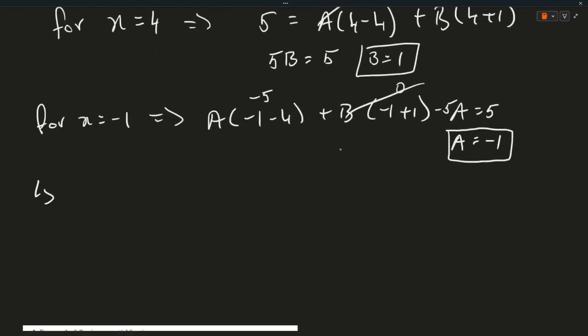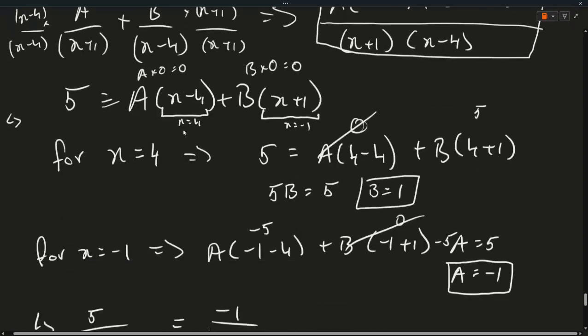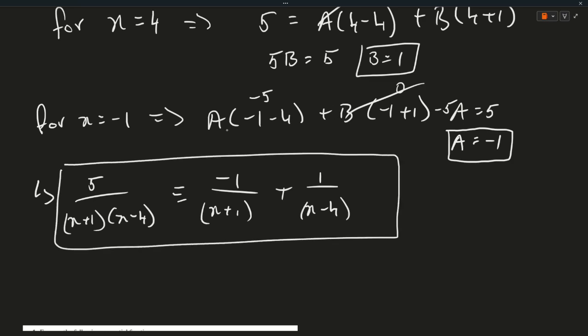When we sub this back in, we say that 5 over x plus 1 times x minus 4 is equal to minus 1 over x plus 1, because that's what we had initially as a. As long as you're consistent, it doesn't matter. And that's our answer there.